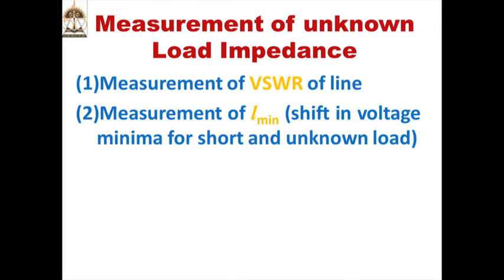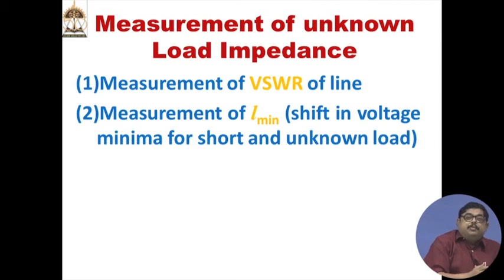So, we see the voltage minima and what the shift is in two cases. One is, if we put a short, we will note down the voltage minima position. Then we will change that and put the unknown load which we are trying to measure, find out where the minima is, and note down that position. That shift we are calling L min. So, if you know these two, you can find out the unknown load impedance.